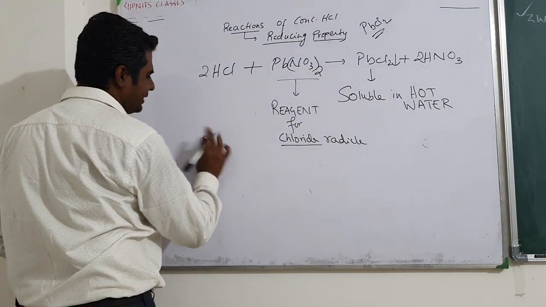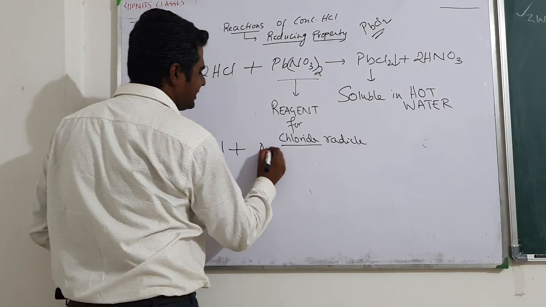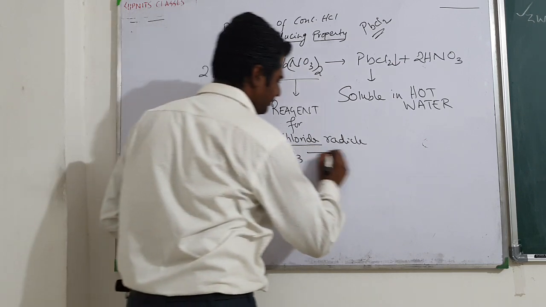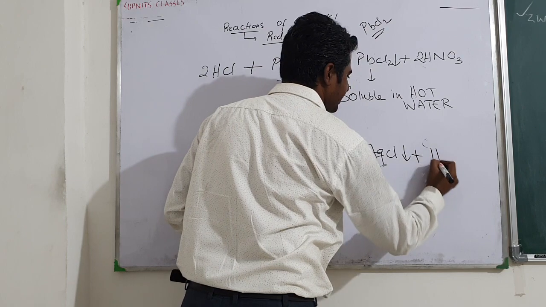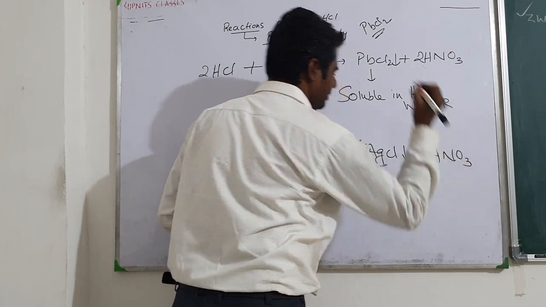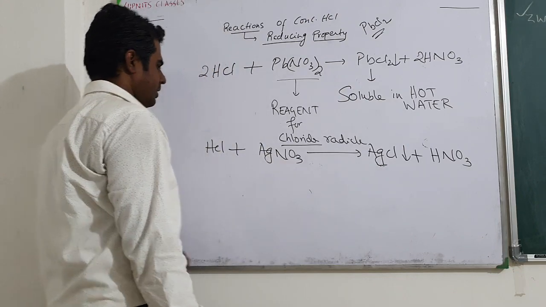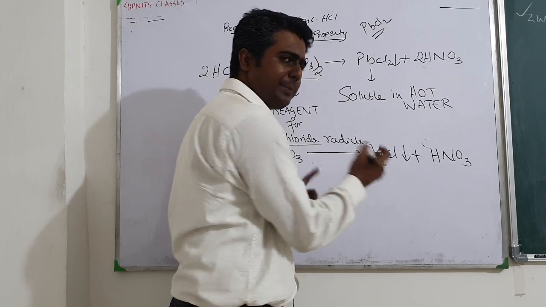Similarly, there is another reagent for chloride radical, HCl plus AgNO3, which is also very important. It will form AgCl plus HNO3. So if you see AgCl plus HNO3, this is a white precipitate again.